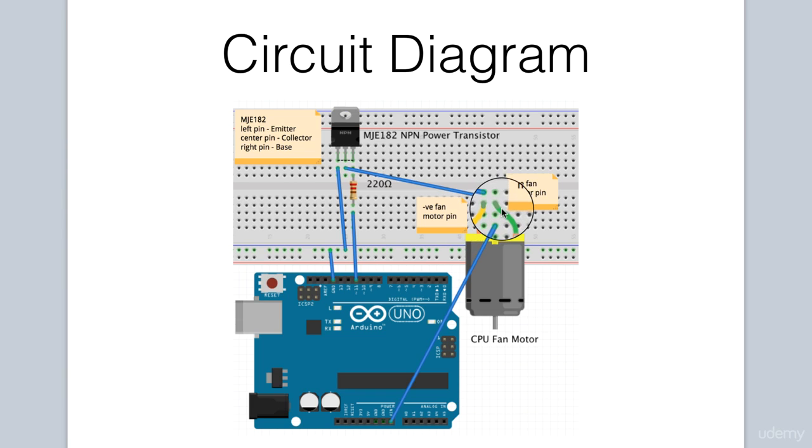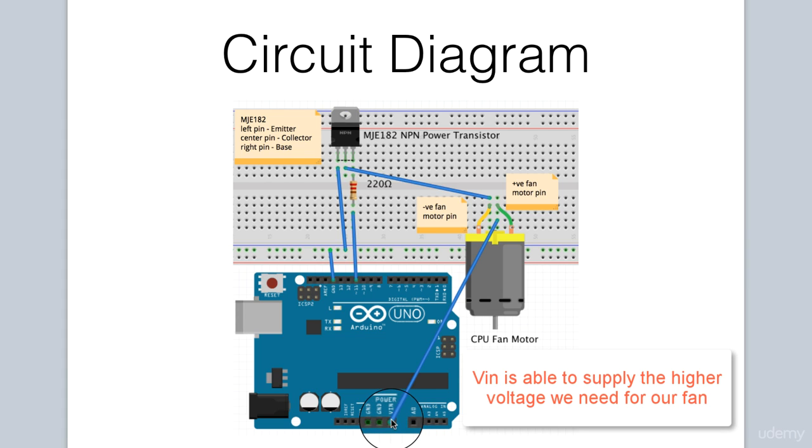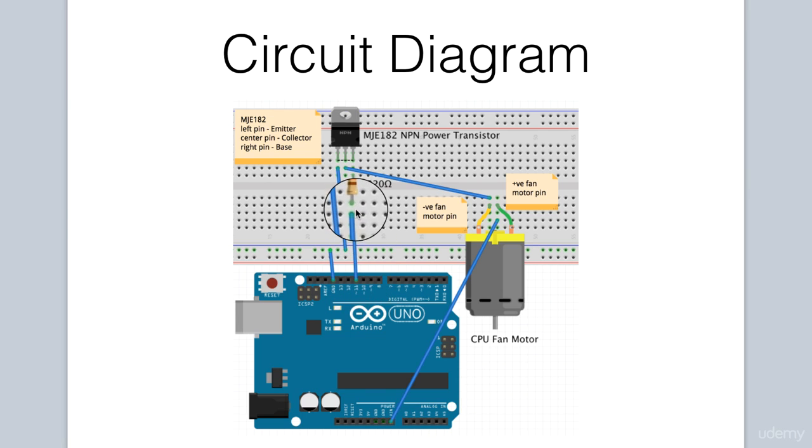The other positive pin of the fan, for our CPU fan, for our motor, goes to VIN of the Arduino. And then finally, from pin 11 of our Arduino, we go through a 220 ohm resistor to the base, or the right pin of our transistor. That is our circuit diagram.